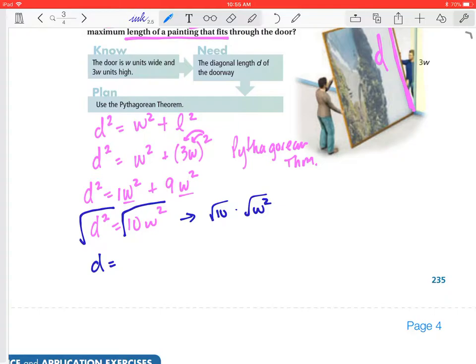The square root of 10, I can't simplify that further, using the multiplication property of square roots. There's no perfect square factor: the perfect squares less than 10 are 4, 9 and 1. 9 won't go into 10 evenly, and neither will 4, and 1 will go into 10, but that would just leave us with 1 times 10, so that doesn't really work.